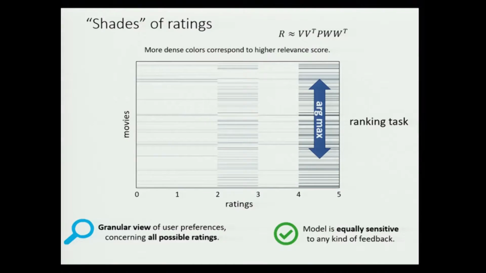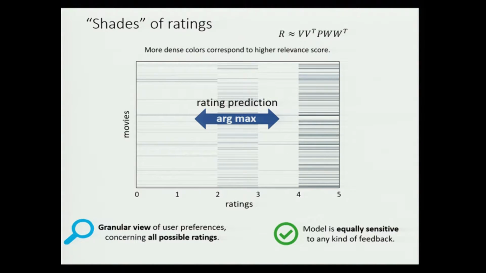So now for the top-n recommendation task, we simply rank the scores along the column that corresponds to the maximum rating value, which is 5 in that case. And we also can solve the rating prediction task, which is simply a ranking not along the column, but along the rows of this matrix.